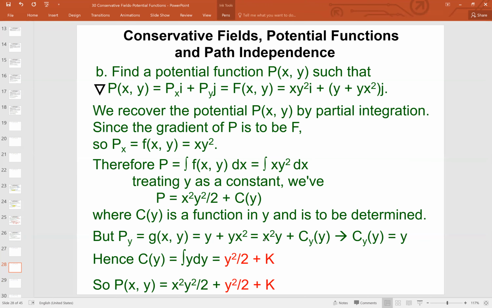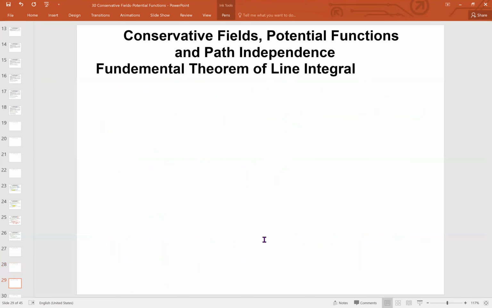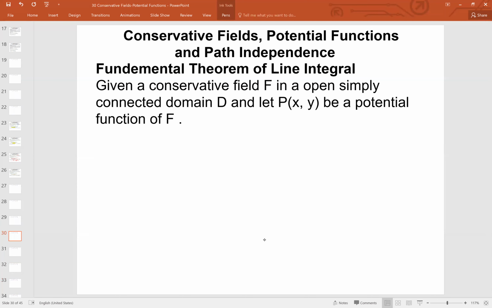Okay, so here is the fundamental theorem of line integral for conservative fields.